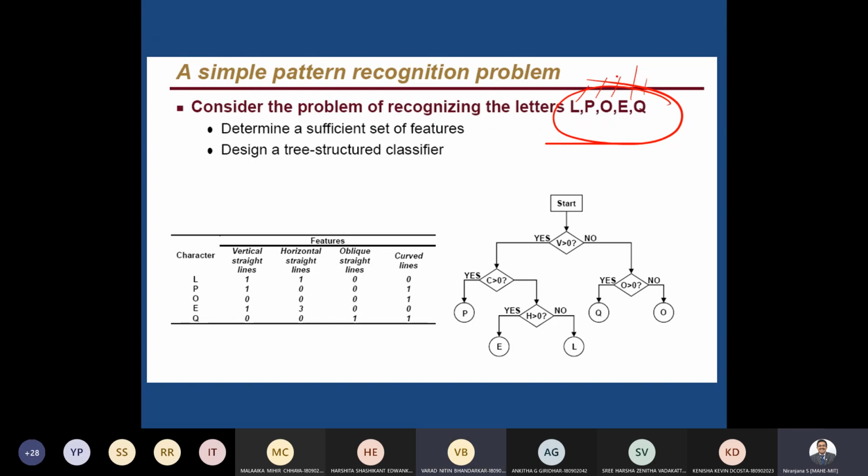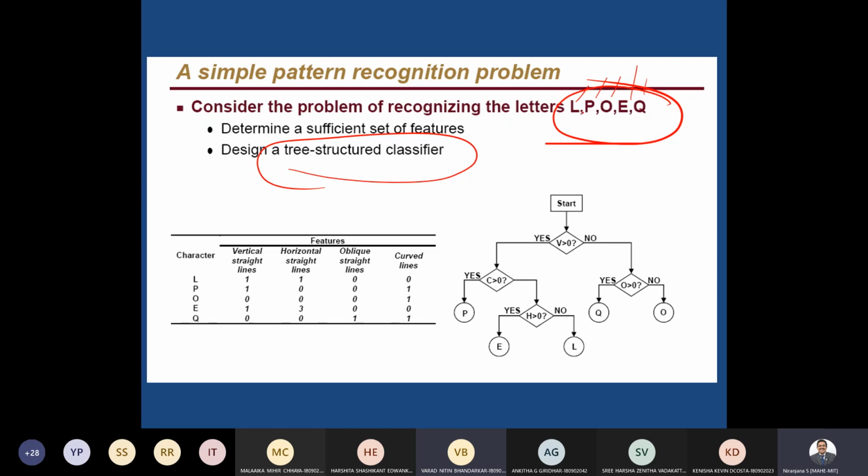Okay, suppose you want to categorize these. What can be a method? Generally, you can choose any one of the models. So let us take an example of how you can go with a simple decision tree approach or some simple tree-structured classifier, and how you can design it here.